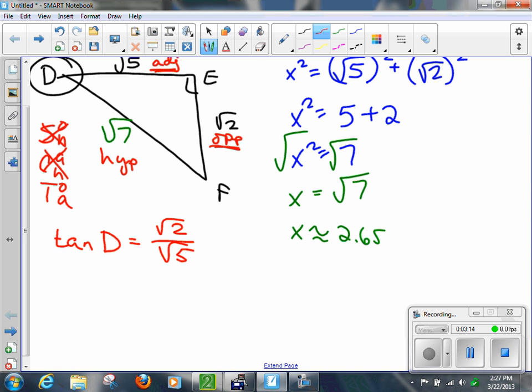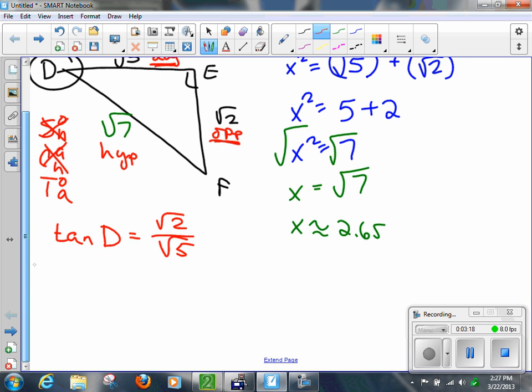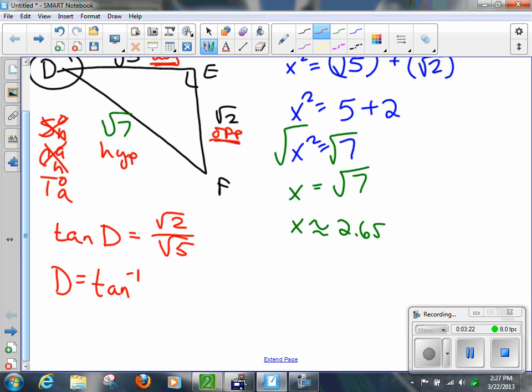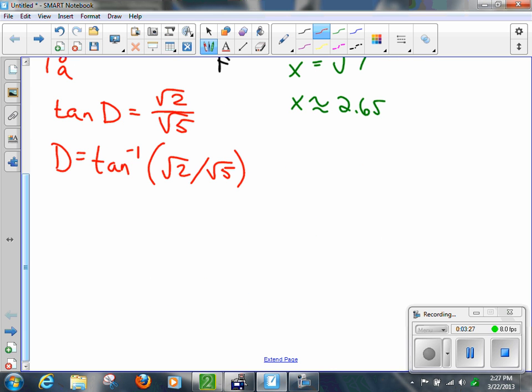How do I find the angle measure? That's right, I find the inverse tangent of root 2 divided by root 5. Okay?